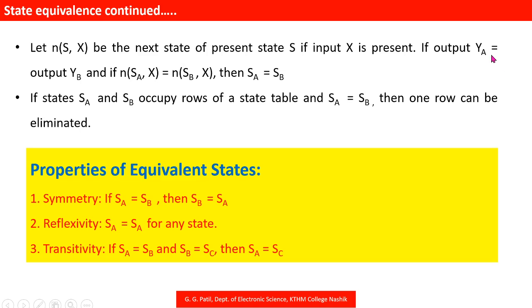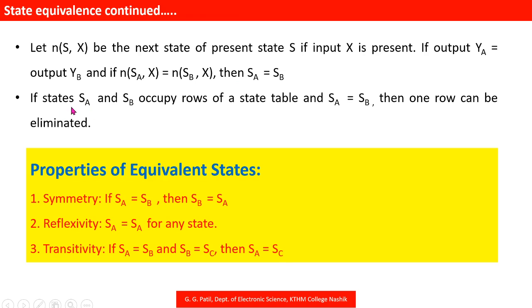These are the outputs of state A and state B, and if they are equal, and n of SAx and n of SBx are the next states of state A and B, and if they are the same, then the two states are said to be equivalent according to the state equivalence theorem that is given here.